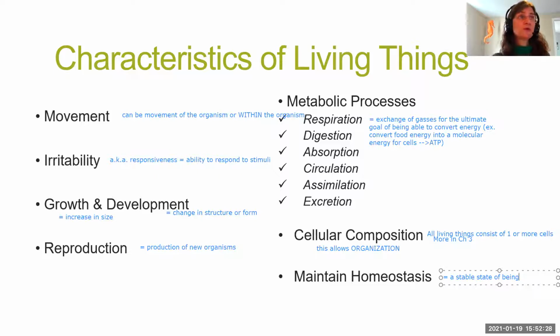Our body temperature, we don't get freezing cold and super hot. If you did, you would die, right? If you got too hot or too cold. Our temperature might fluctuate, but we maintain a relatively constant, stable state of temperature. That's our homeostasis for body temperature.